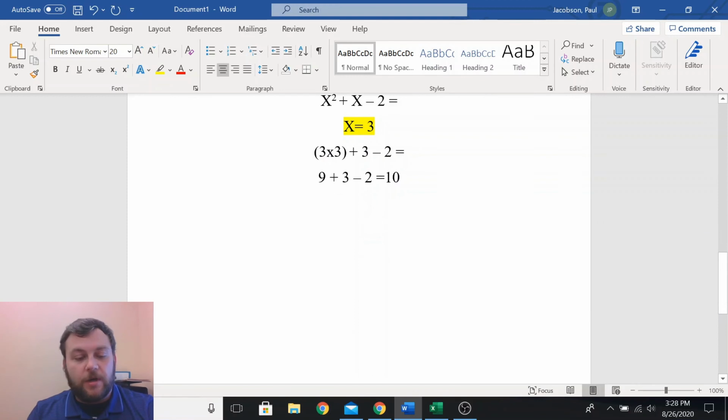Let's just do another example. Let's take a look at 5. Let's do 5 to the third power. So what does 5 to the third power look like? Well, the base is 5, and it's 5 times 5 times 5.